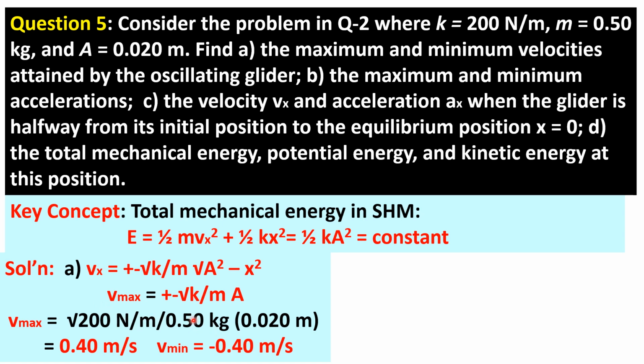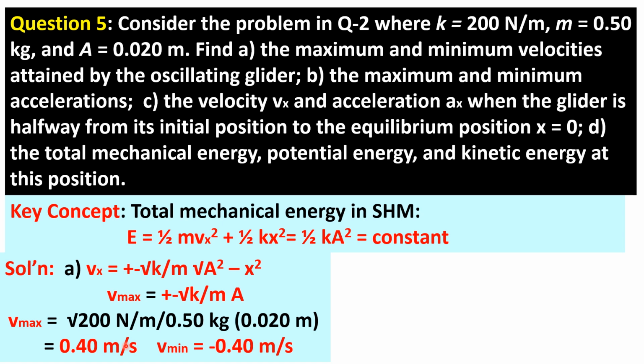Get the square root. After getting the square root, that will be multiplied to 0.020 meter, which is the amplitude.